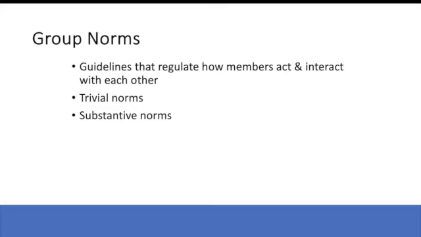There's a kind of norm called a trivial norm, and there's a kind called a substantive norm, okay? So a trivial norm is a minor surface level behavioral expectation. They don't really significantly impact the group's core functioning, but they are related to social etiquette, right? So there could be dress codes, ideas about punctuality, or even seating arrangements, right? So those are kinds of norms.